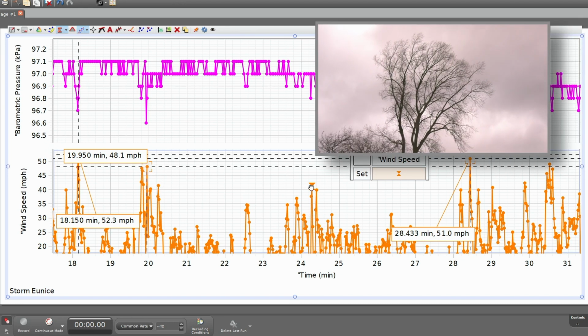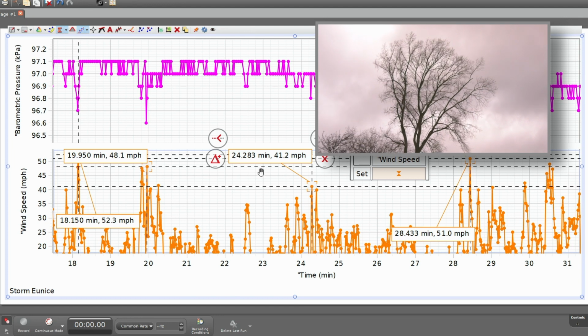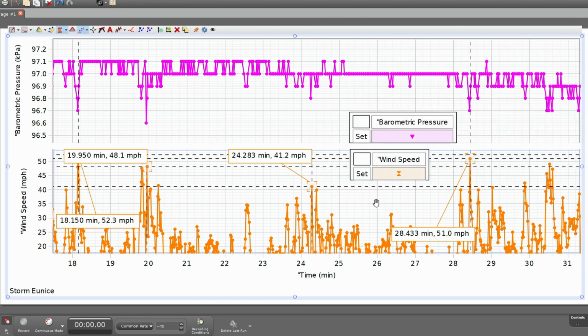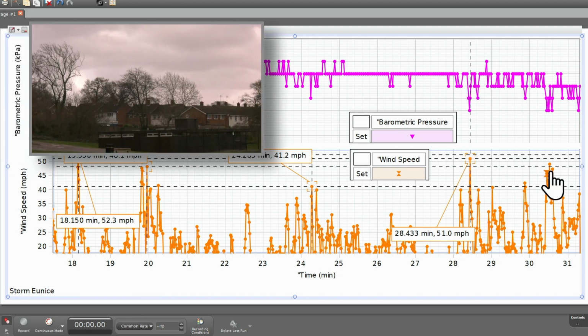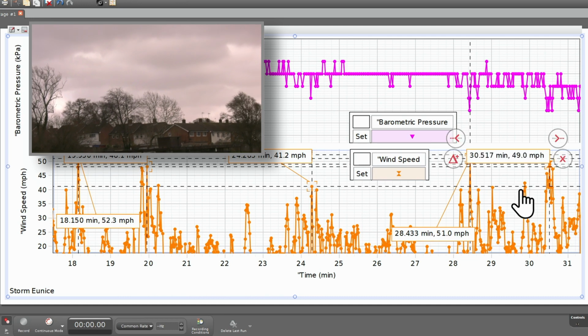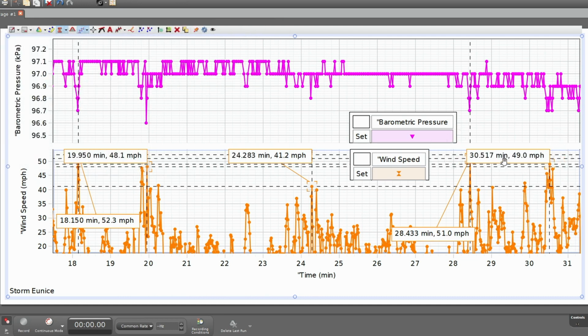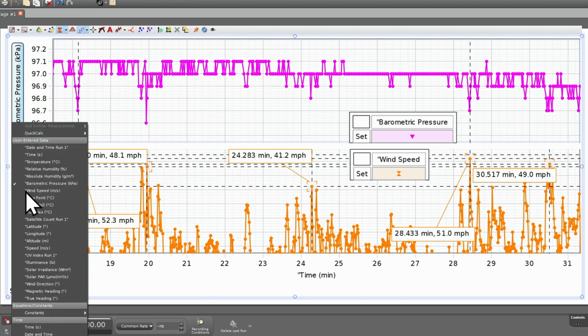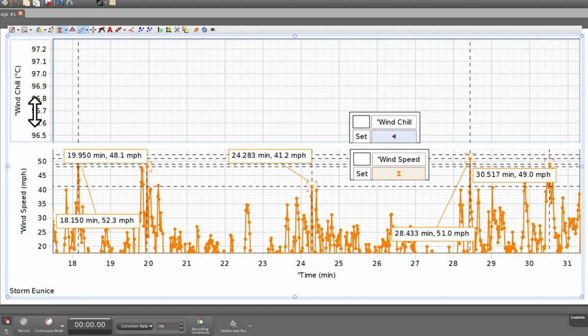We had quite a minor little gust here at only 41.2 miles an hour, and if we move across here, 51, and I can highlight this to have a look at 49. So we've got quite a lot of high wind, and each gust corresponds to a drop in barometric pressure.